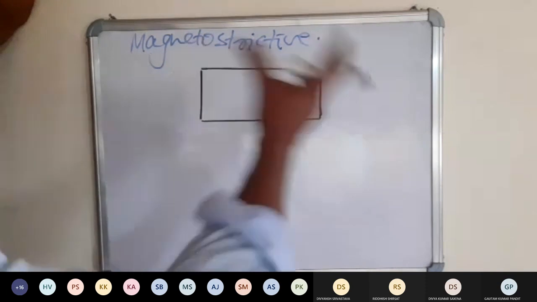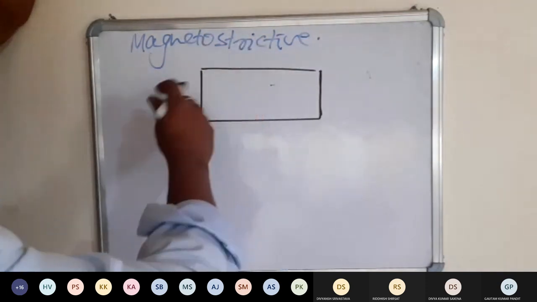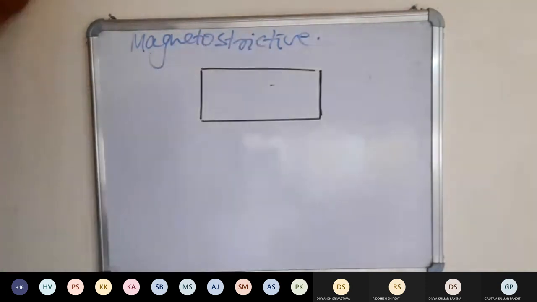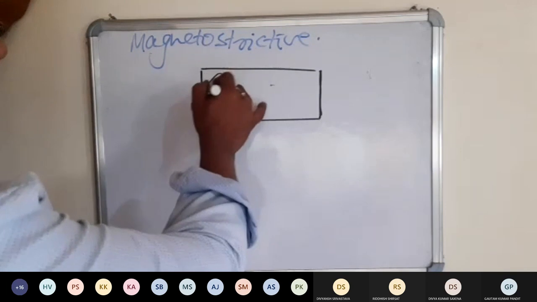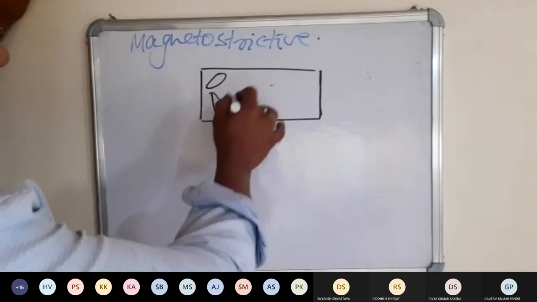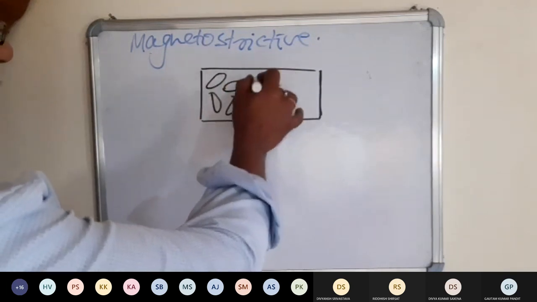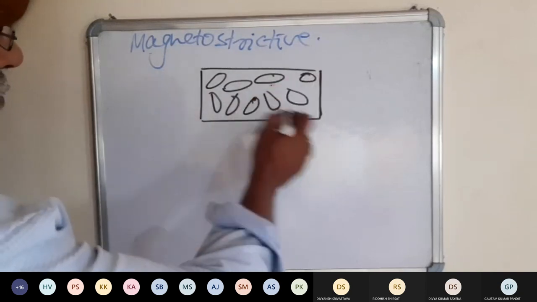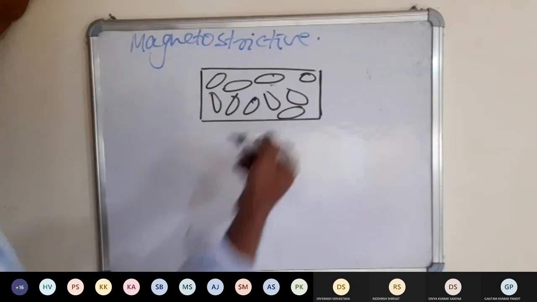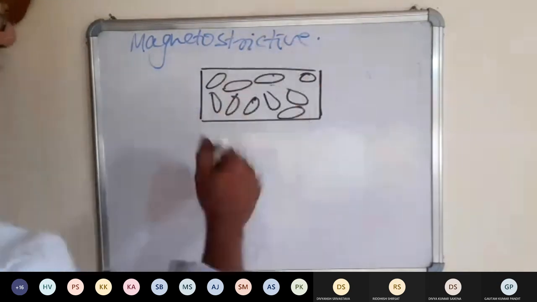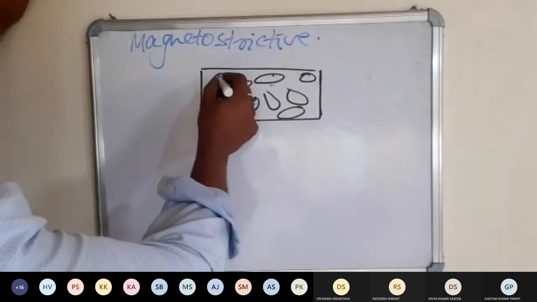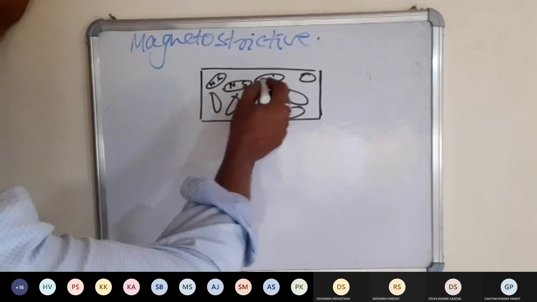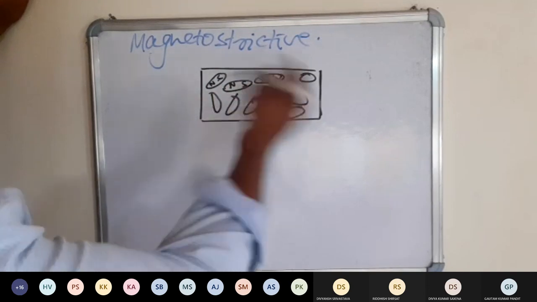The material molecules are all over the matter, but it is not acting as a magnet. ऐसा क्यों? क्योंकि हर मॉलिक्यूल जो है that is a kind of magnet. The molecules of the material are acting like a small magnet, each one of them.